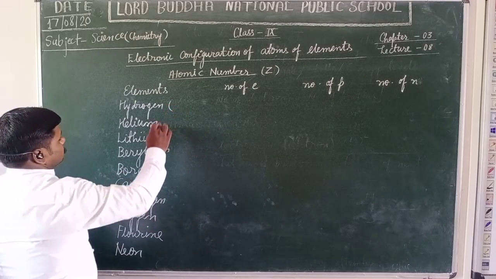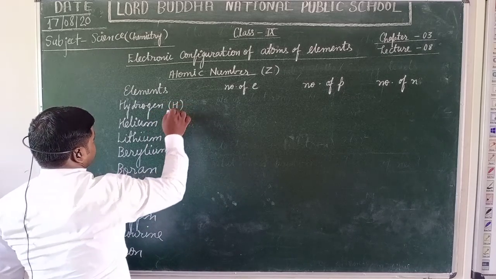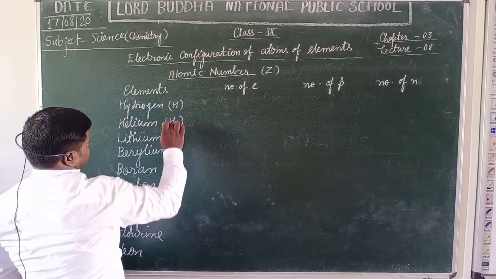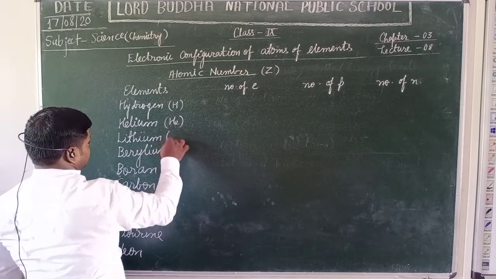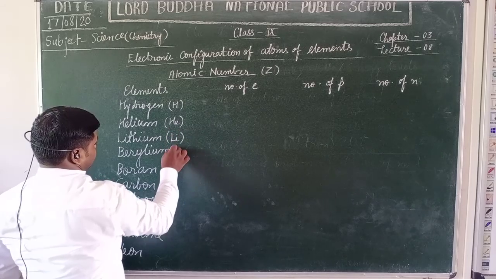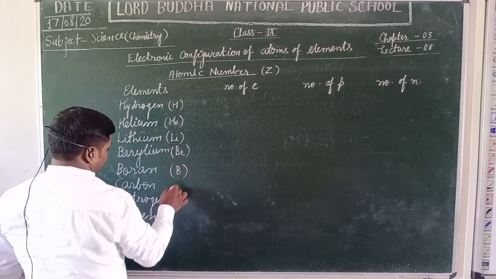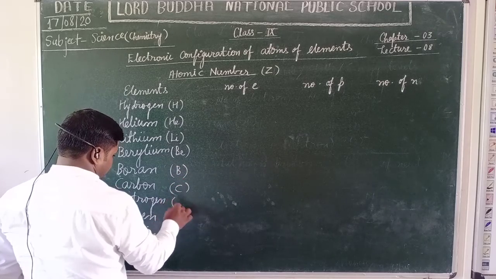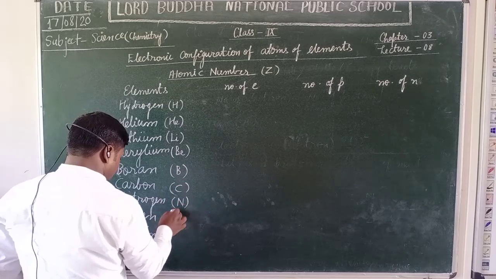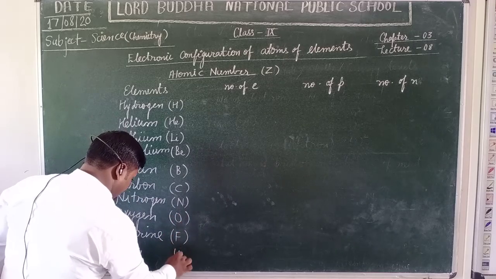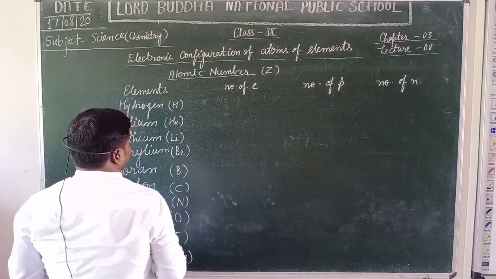I also write their symbols. Hydrogen is represented by the symbol H, helium He, lithium Li, beryllium Be, boron B, carbon C, nitrogen N, oxygen O, fluorine F and neon Ne.